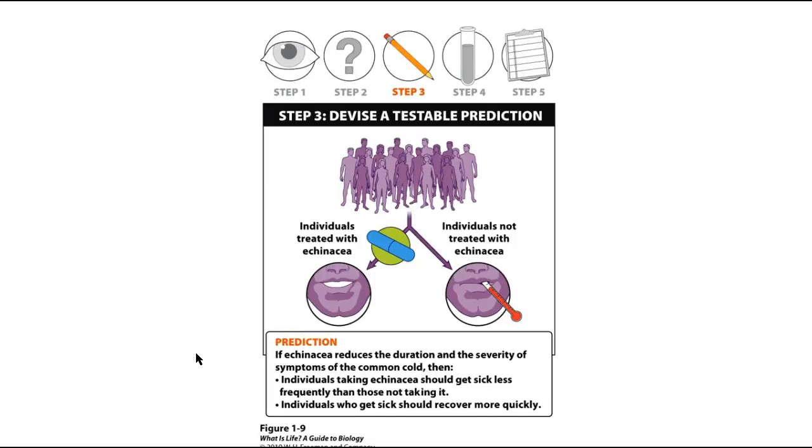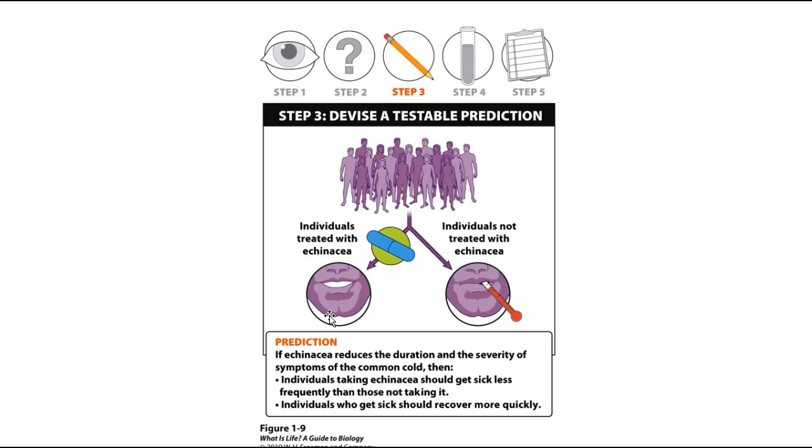So you would then predict that if you had a group of people that were exposed to a common cold virus, those people that were taking echinacea would either have milder symptoms or would recover quickly, or both.